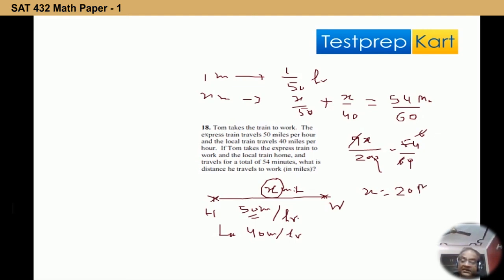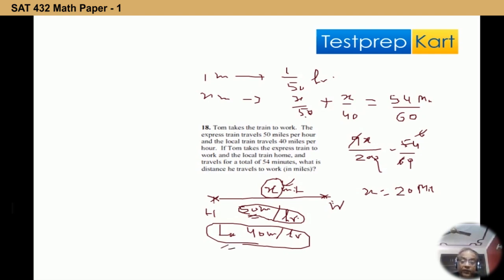Let me explain it once more. He is going from home to work, work to home. The distance is the same, x miles, but x miles is covered by the 50 miles per hour train, and when he's coming back, he's covering it by the local train, which is 40 miles per hour. So 1 mile is 1 by 50 hour the first time, and x miles is x by 50.